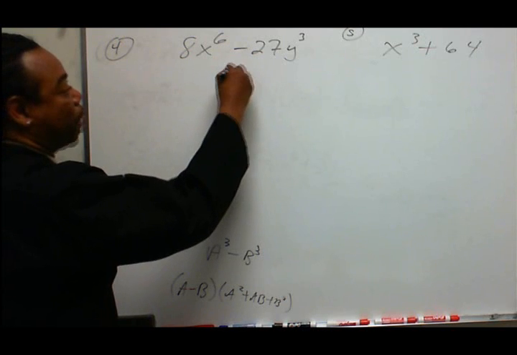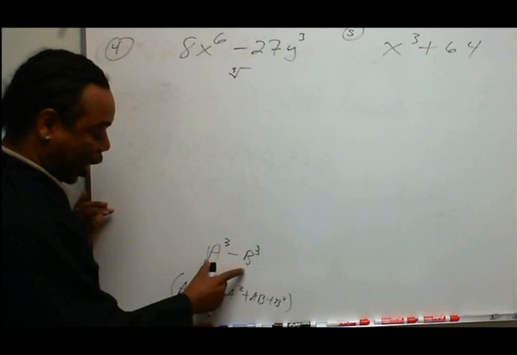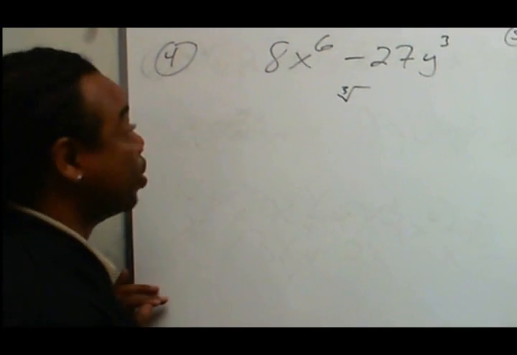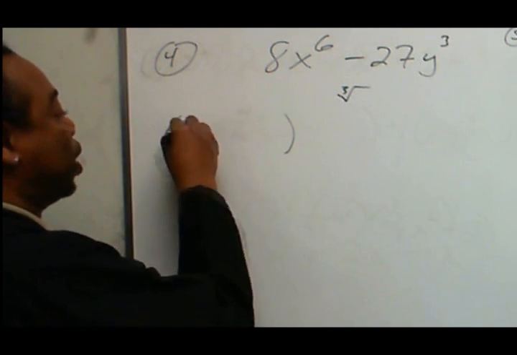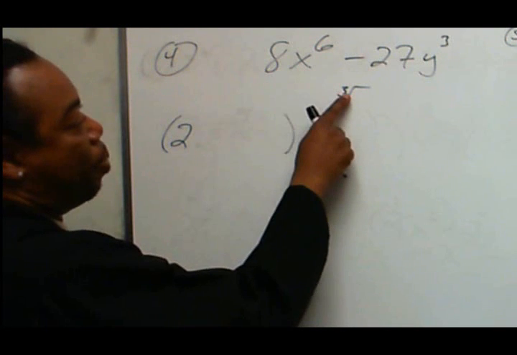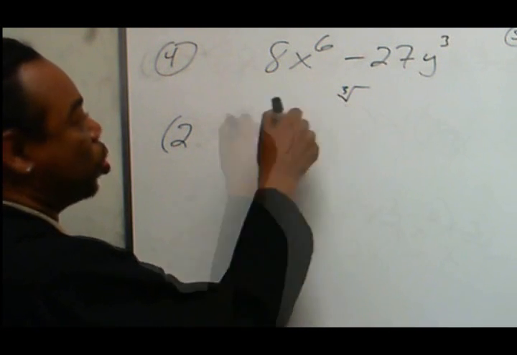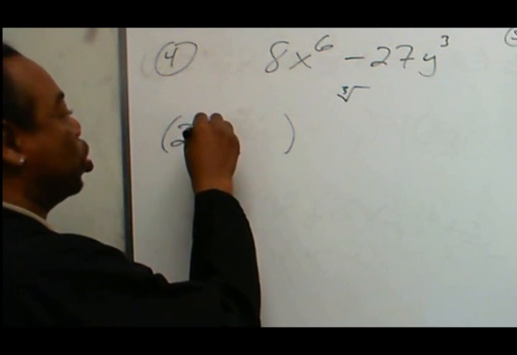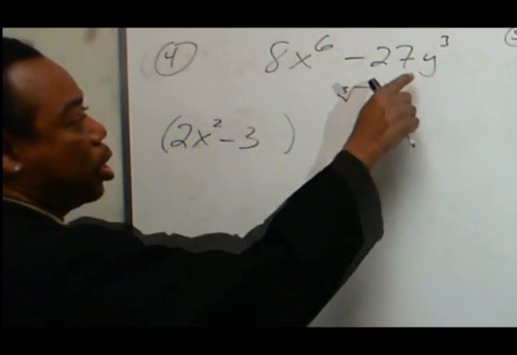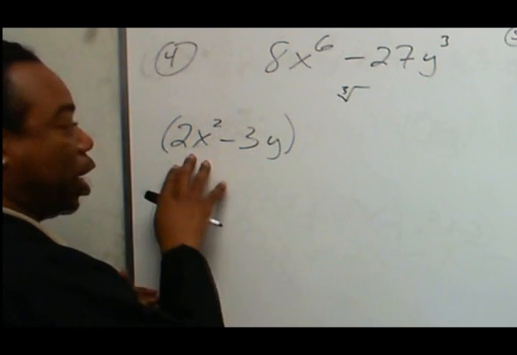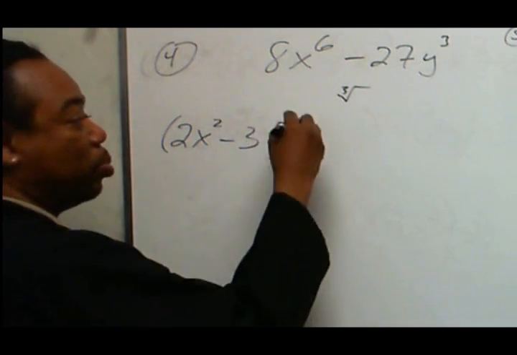This all can be simplified with a cube root, therefore it fits the idea that we can simplify it down to a and b. So the binomial for this simplifies down to 2x squared, put this into the cube root, minus this simplifies down to 3y. So this is our a and our b term, or our simplified terms.